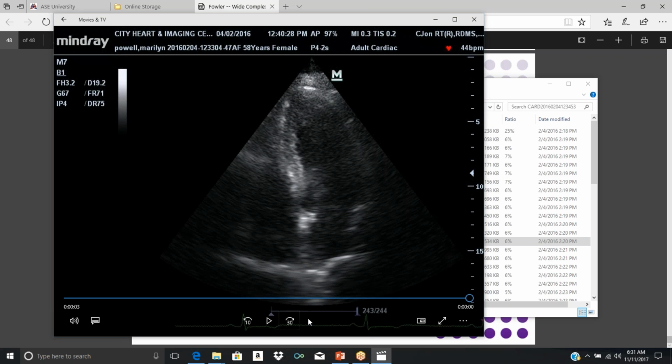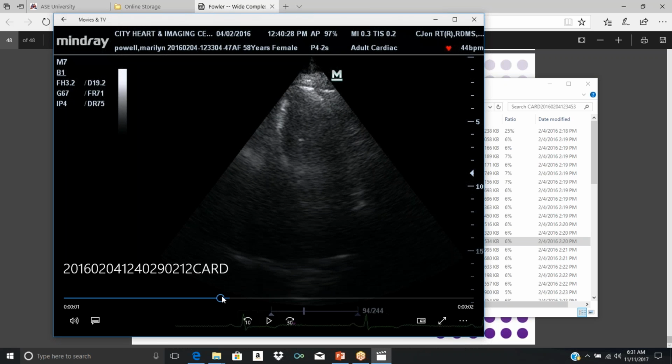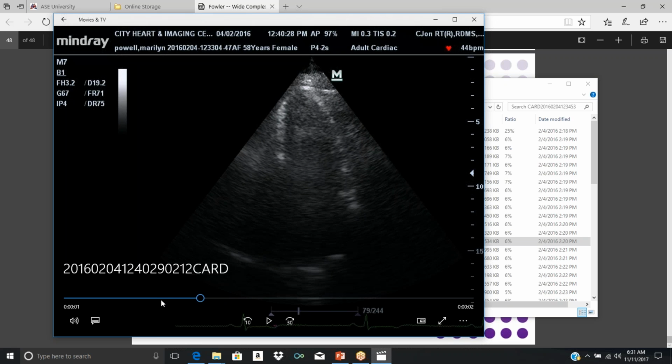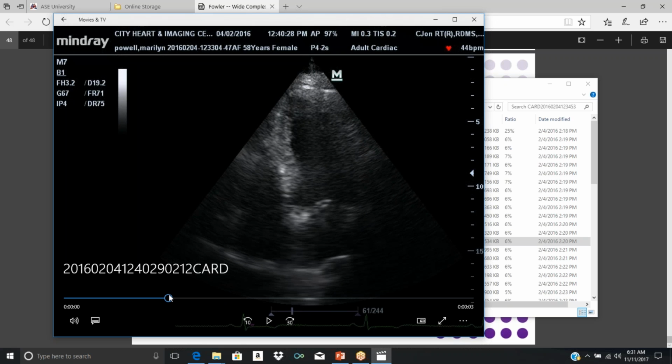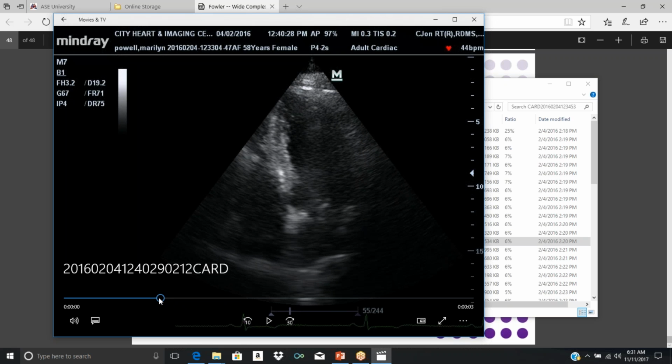However, you're supposed to do measurements, okay? So remember what we said: in diastole, you need to get ejection fraction. So you're going to use your modified Simpson rule or your method of disc.